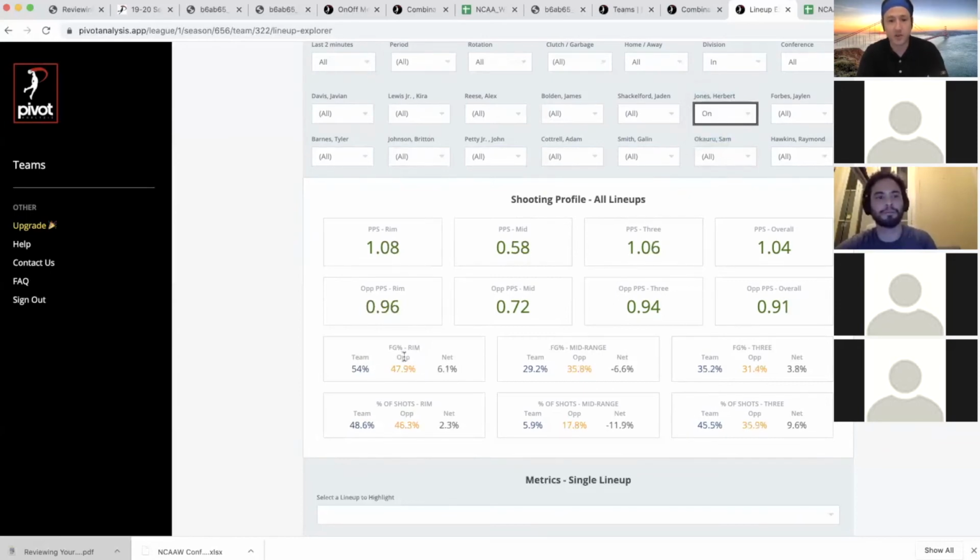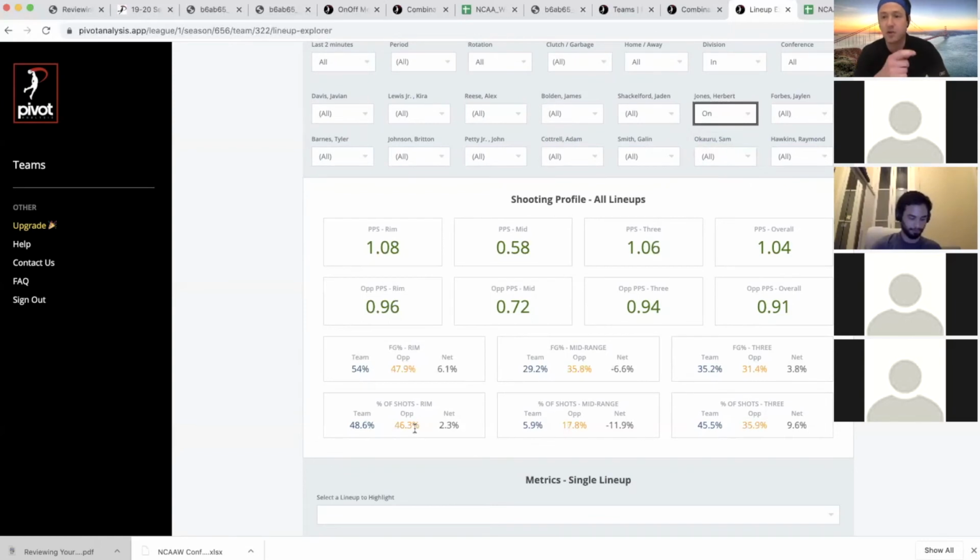So a lot of it is driven by some change in terms of percentage of shots and field goal percentage at the rim. So overall, Alabama allowed 53% field goal percentage for shots at the rim, and 49% of opponent shots were taken at the rim. And then when Herbert Jones is on the floor, that number goes down to 48 and 46.